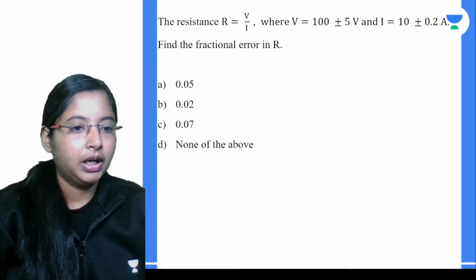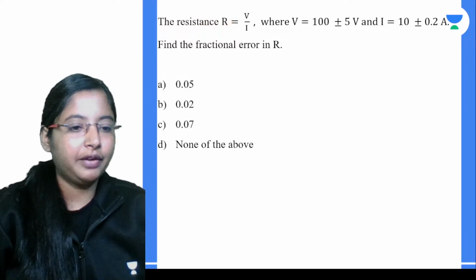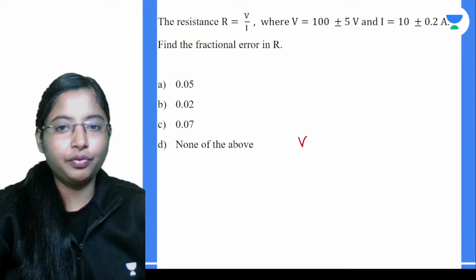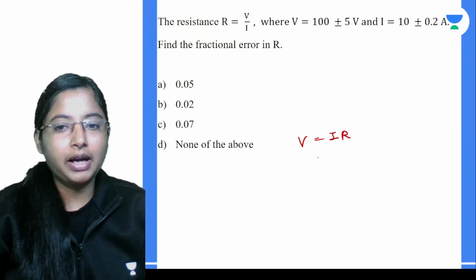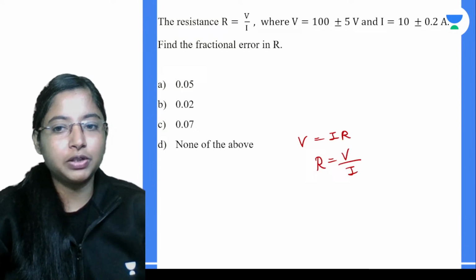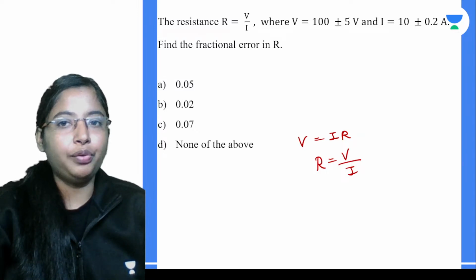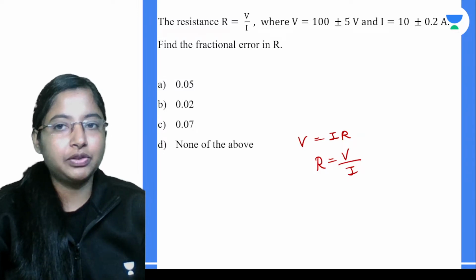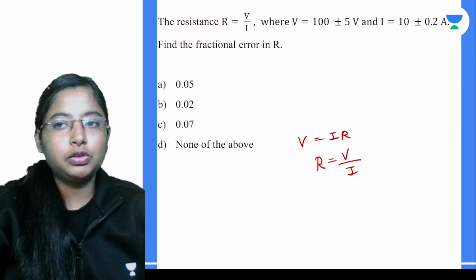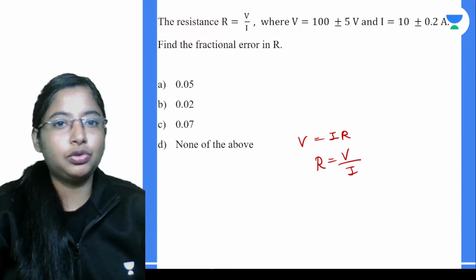Now the resistance. From Ohm's law we know V is equal to I into R. From there, R will be nothing but potential difference by current, right? So V is equal to 100 plus or minus 5 volts and I is equal to 10 plus or minus 0.2 amps is given.